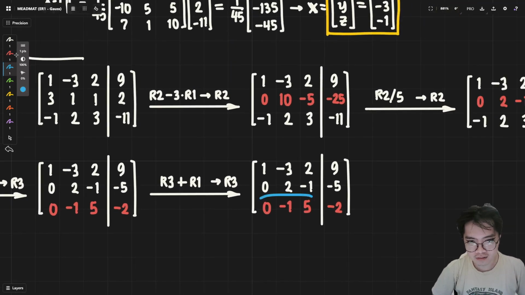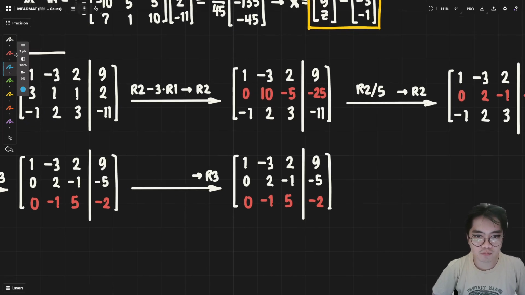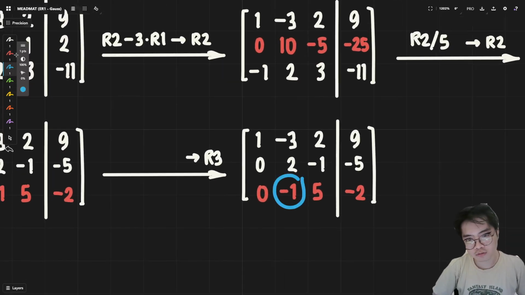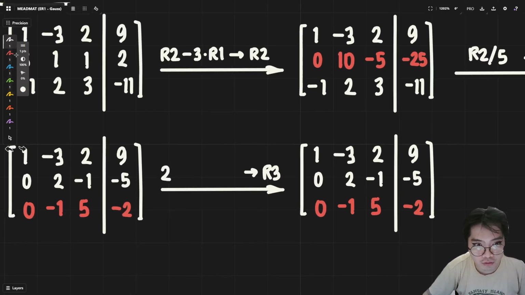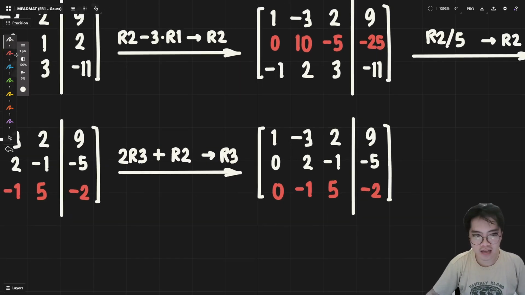We will again play around with our row 3. And now, how will we play around with our row 3? Notice that our row 3 is currently at -1. So, maybe what I want to do in here first is to multiply row 3 by 2 and then add it to row 2. Why? Because now, -1 times 2 is -2 plus 2.